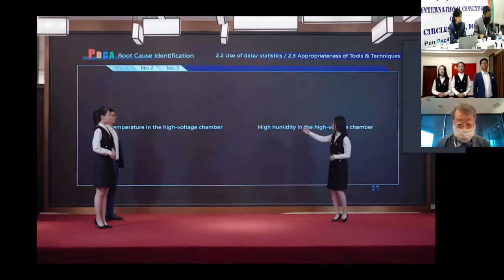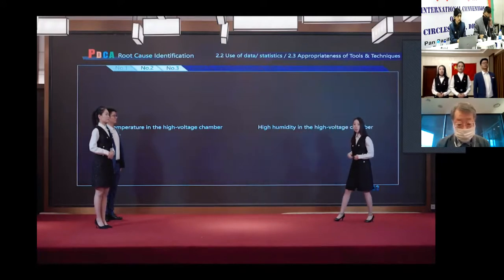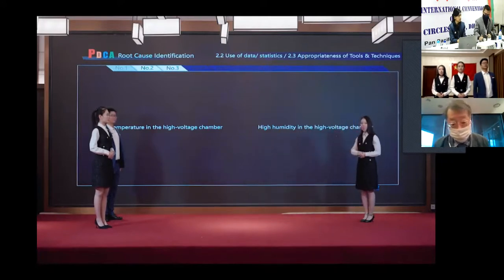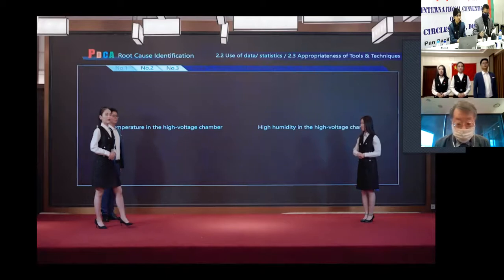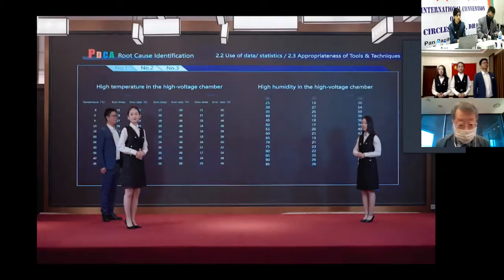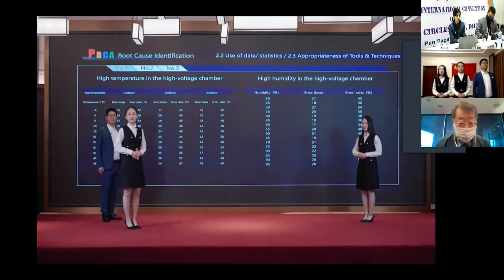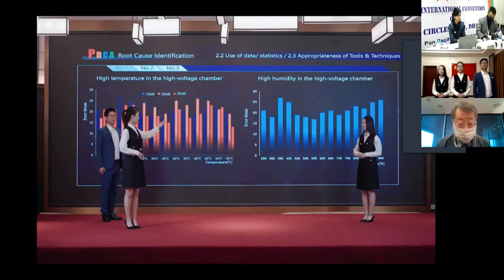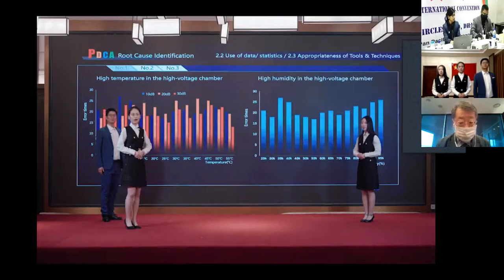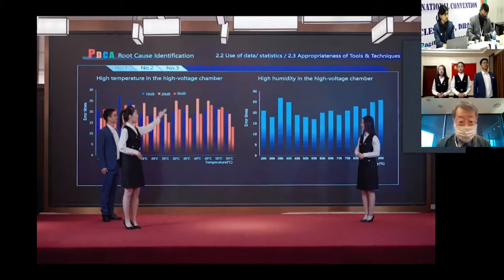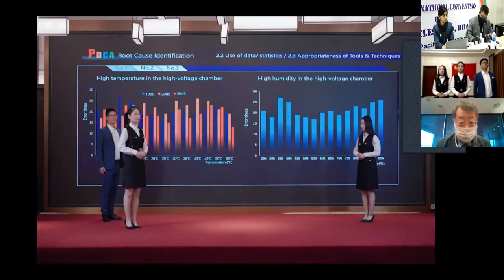How about number 2, high temperature in the high voltage chamber? And number 3, high humidity in the high voltage chamber? In the same way, we conducted the simulation tests, and the bar graph showed that error times of signal acquisition hardly changed under the different temperature or humidity conditions.